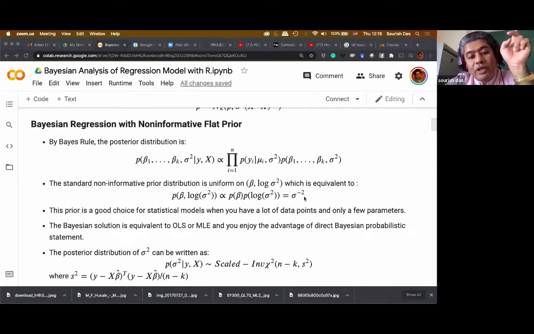So if we put a Jacobian here, that will be the non-informative flat prior for P of beta 1 to beta k comma sigma square. So this 1 over sigma square is the non-informative flat prior that we can use here for beta 1 to beta k and sigma square.